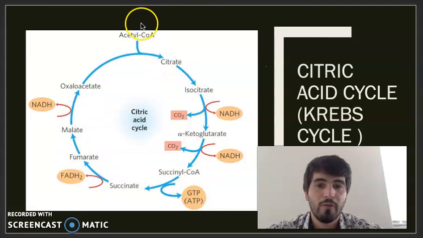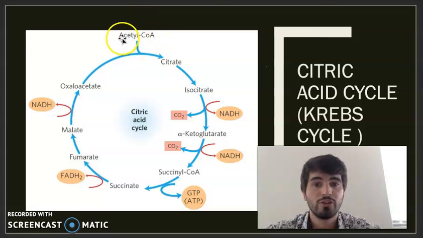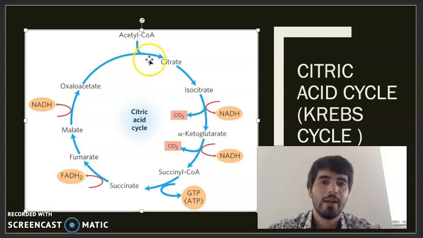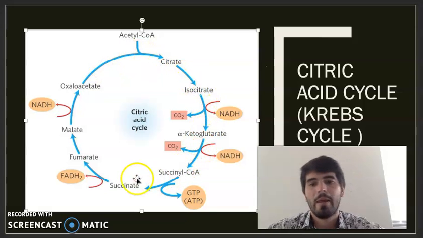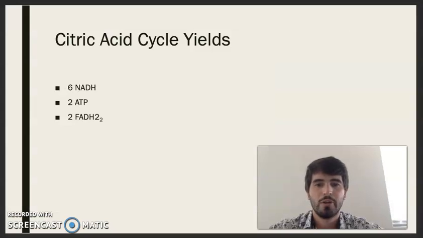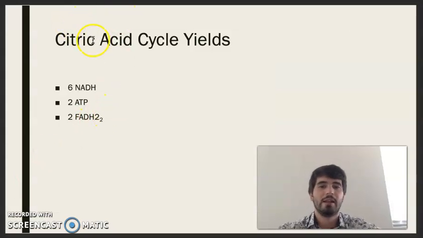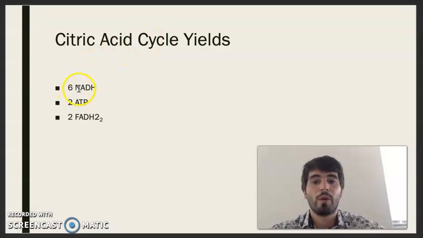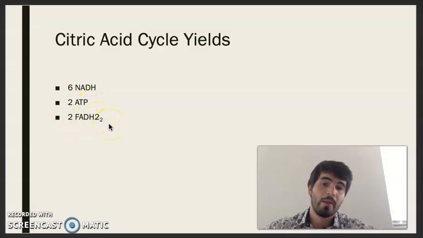But remember, pyruvate was split into 2. So there's 2 acetyl-CoAs that will come in here, bind with oxaloacetate, and go through the cycle to produce these yields. So in the citric acid cycle, we'll get 6 NADHs, 2 ATPs, and 2 FADH2s too.